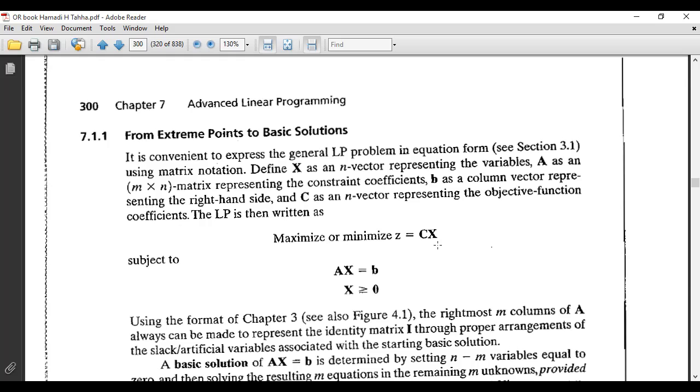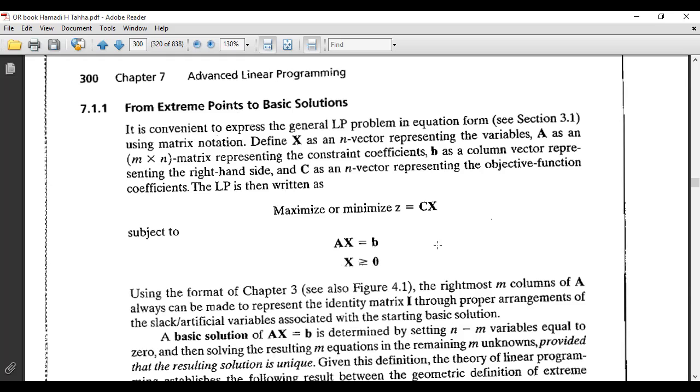So from extreme points to basic solution, we know that in linear programming, we deal with maximization or minimization problems, where our objective function is represented by Z, and that is equal to cx, where c represents the cost, and c is the n vector representing the objective function, and x is an n vector representing the variables.